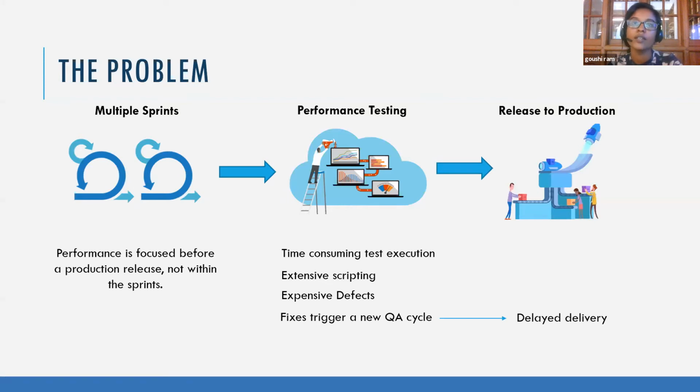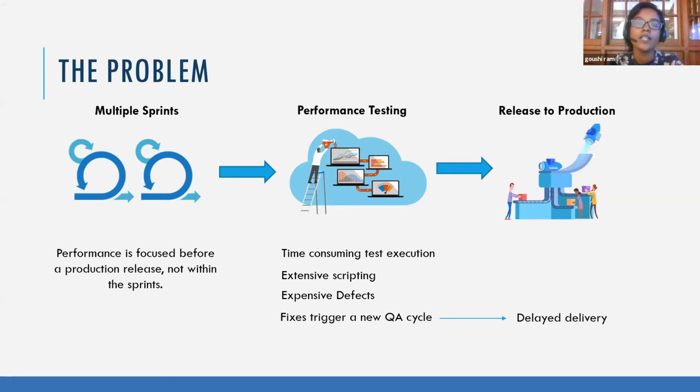So this execution and analysis iterates until the success criteria or the objective of the performance test is met. So this actually can span up to the time that is equivalent to another new sprint or even more, depending on the number of defects or the test scope of the execution. So apart from that, we also perform extensive scripting. So when we script for this particular application, we will be scripting for the whole functionalities in the application.